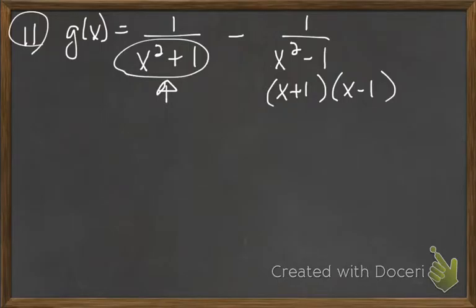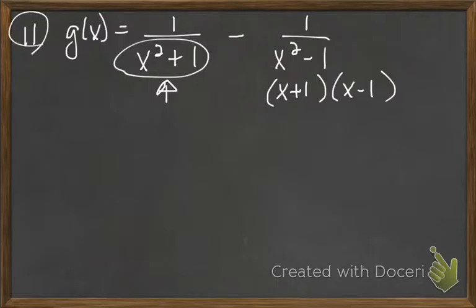So negative 1 squared plus 1 is not 0. What would make that first denominator 0? 0. 0 squared is 0, and 0 plus 1 is 1. Can you square anything and add it to 1 and the denominator go to 0? No. So there's no excluded values from that first denominator.